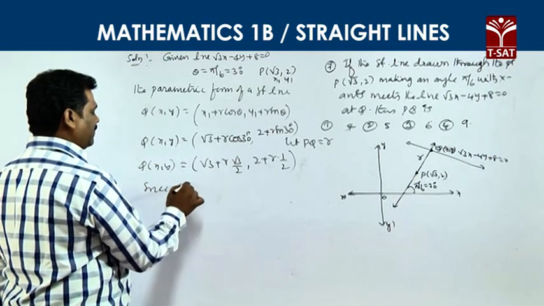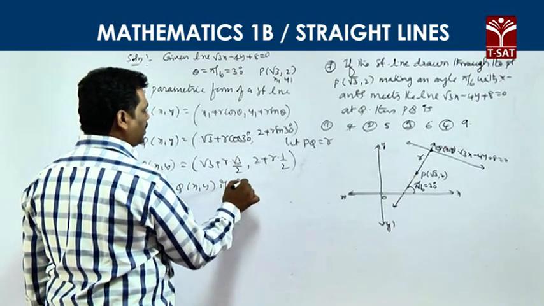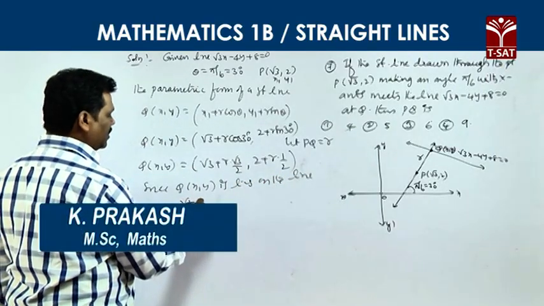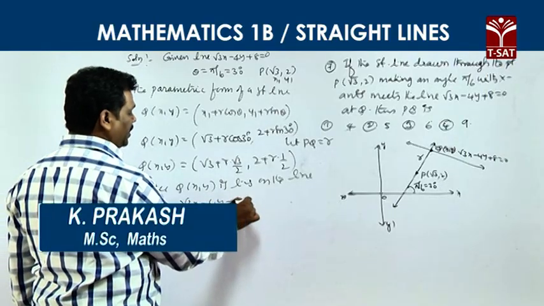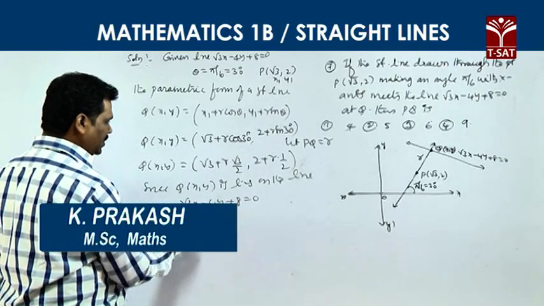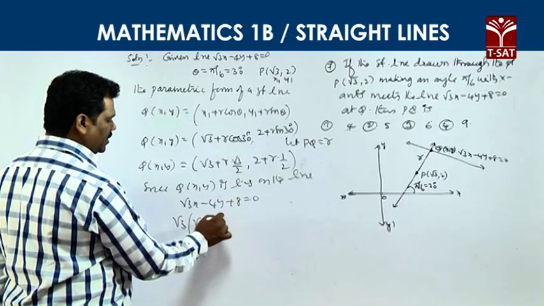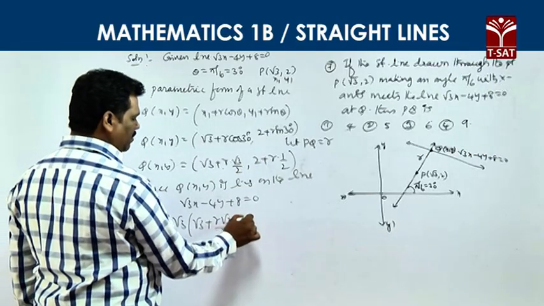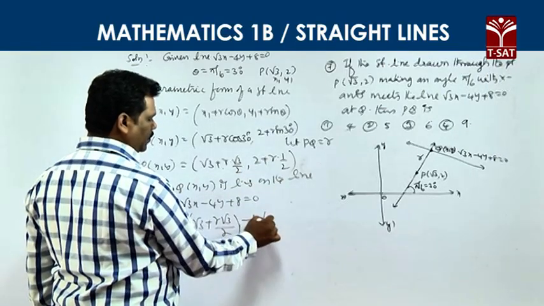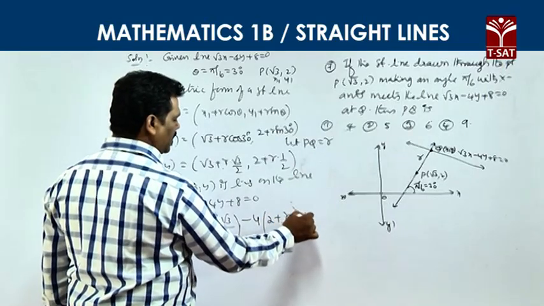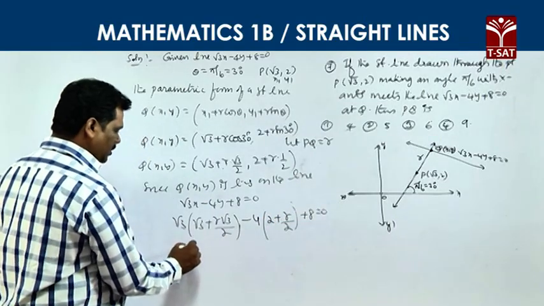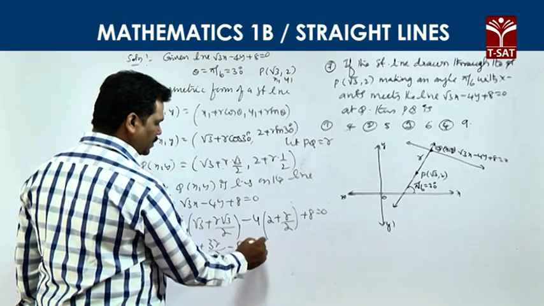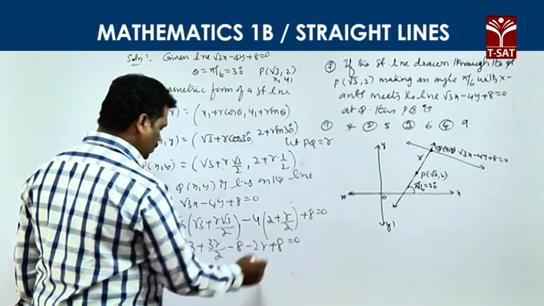Since Q of x comma y lies on the line root 3x minus 4y plus 8 equal to 0, that means root 3 into root 3 plus r root 3 by 2, this is x, and minus 4 into y, 2 plus r by 2, plus 8 equal to 0. So here 3 plus 3r by 2 minus 8 minus 2r plus 8 equal to 0.